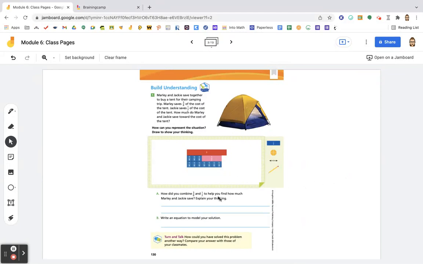Okay. So then it says, how did you combine 3/8 and 1/2 to help you find how much Marley and Jackie save? Explain your thinking.